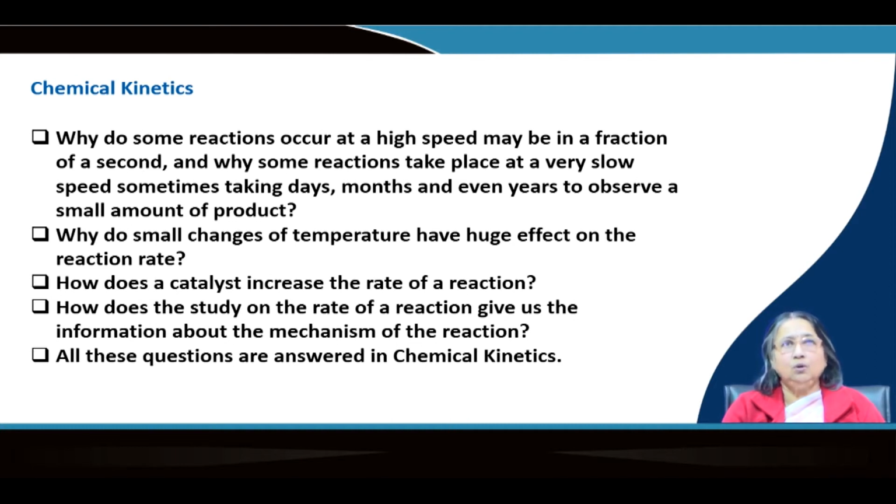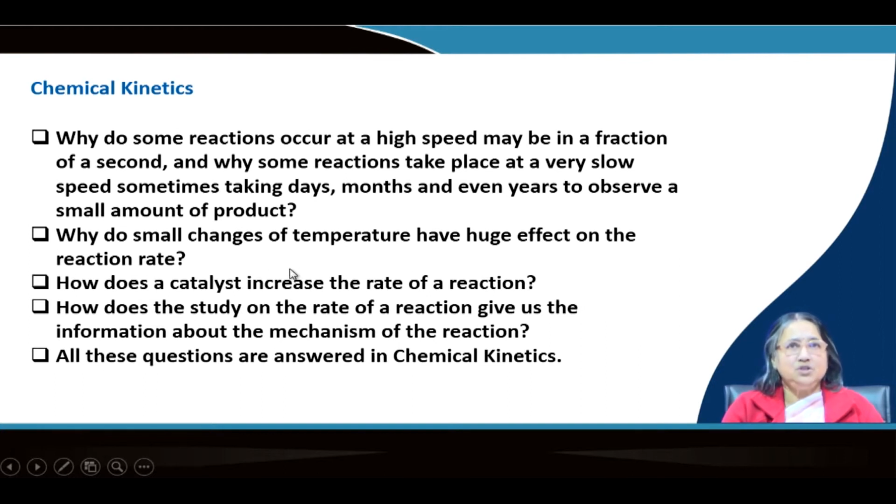It is so quick, so fast, and why some reactions take place at a very slow speed. Sometimes it can take days, it can take months, and even it can take years. Say you have seen the radioactivity and you know the half life of some radioactive elements is even a million years. So, they are very slow processes.